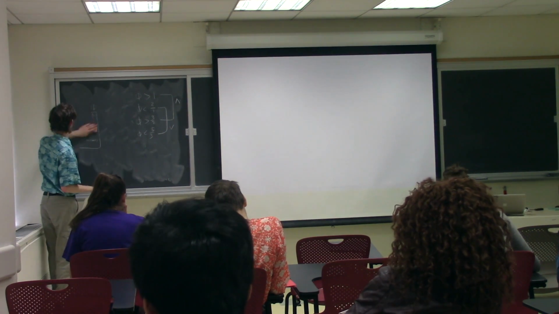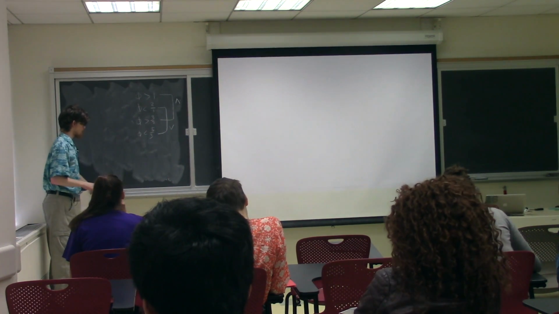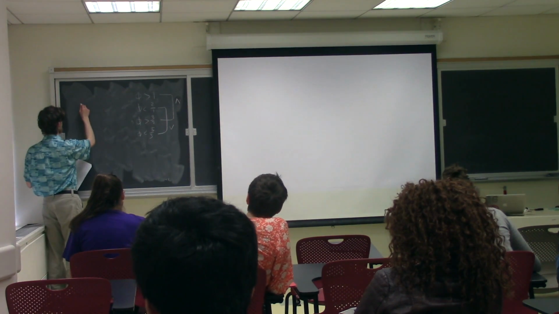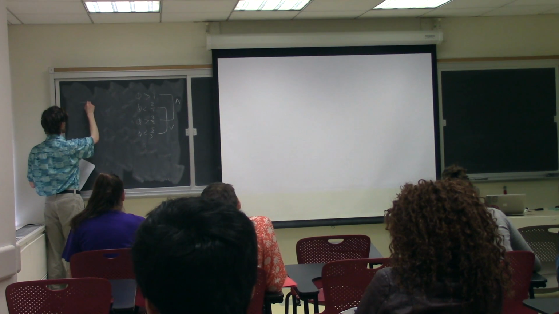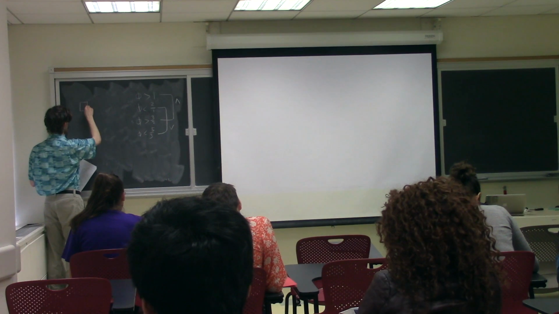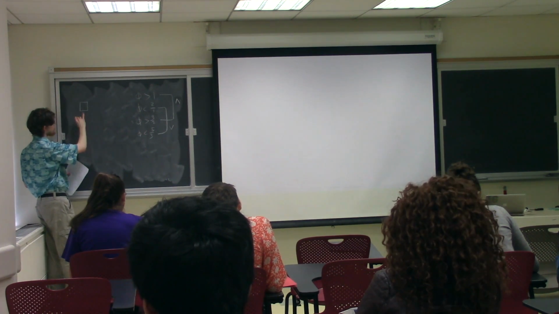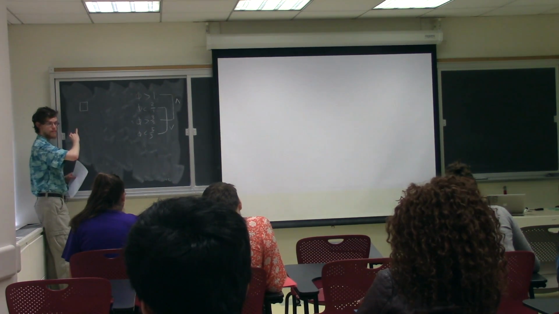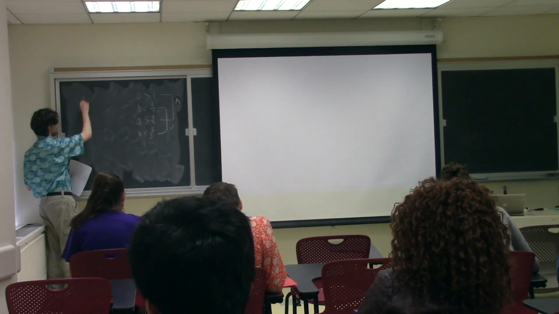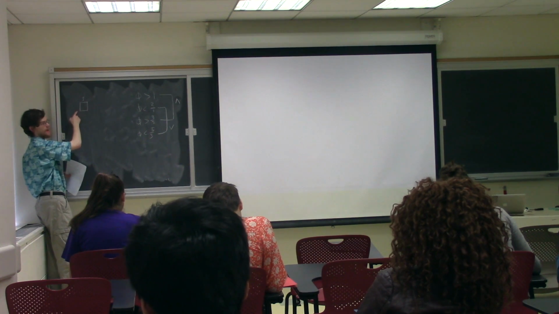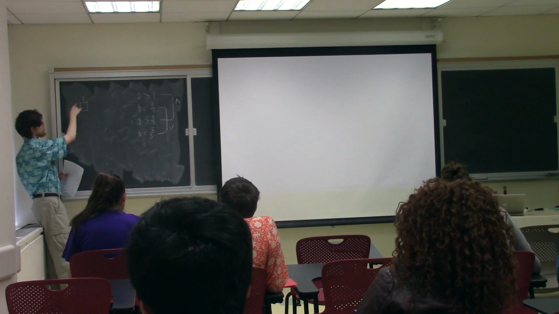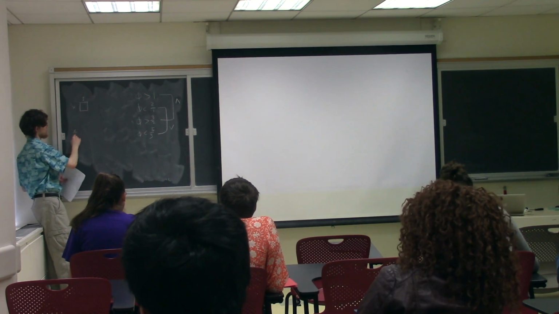I'm going to erase this. So the Greeks saw the golden ratio as a ratio between sides of a rectangle. I could make this side length 1, then the ratio of the two side lengths is x to 1.